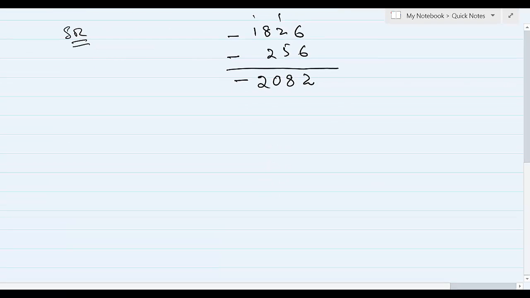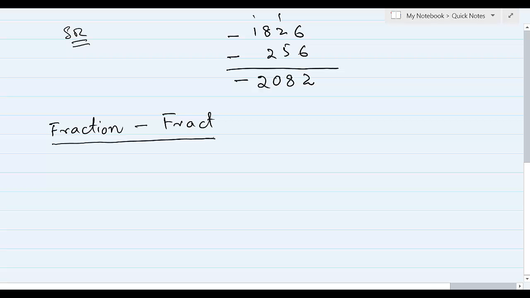Now let's take a look at adding a fraction to another fraction. While we add, we have a question here. Add 3 over 5 and 1 over 5.